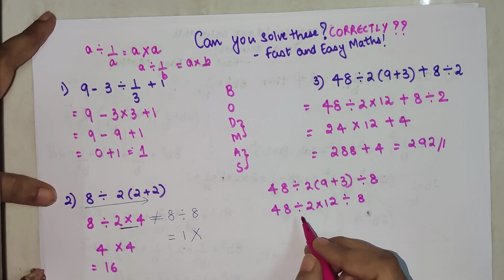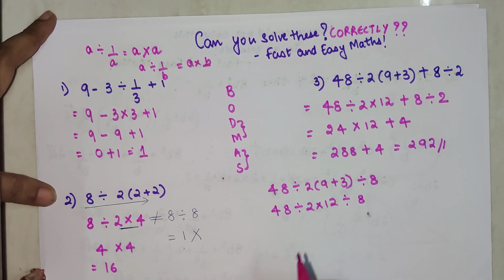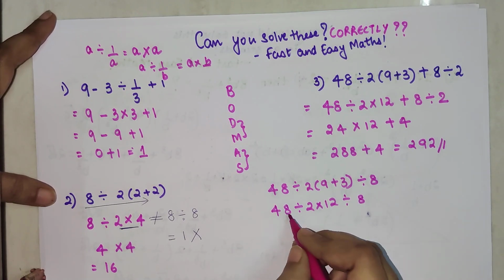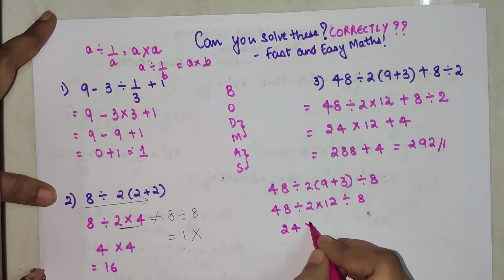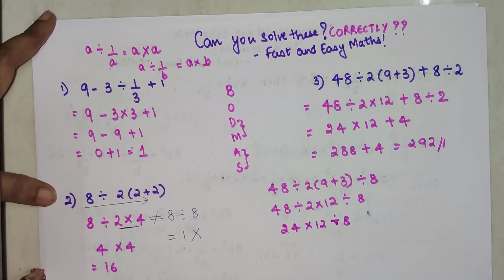Now please understand, don't think that you should do this division and this division first and then do the multiplication. No, that would give you a very wrong answer. You just have to do 24 into 12, divided by 8.